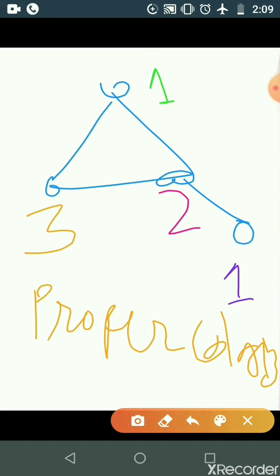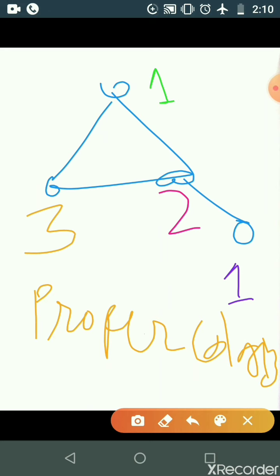Okay, so 1 and 2 are adjacent, that's why these are using different colors. This vertex has a different color from 1 and 2, and this third vertex is adjacent with 1 and adjacent with 2, that's why it has to be colored with 3. Okay, and that's the proper coloring.